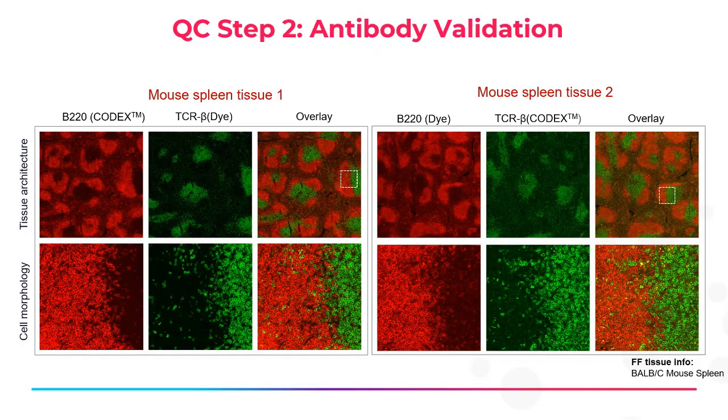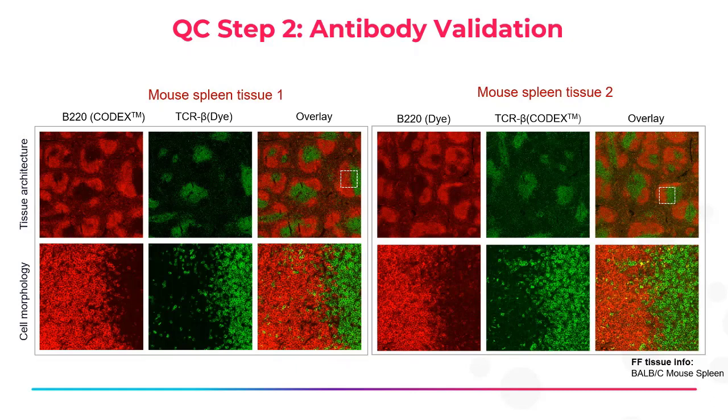The second step of QC is the validation of the conjugated antibodies. We want to ensure that the CODEX antibodies demonstrate equivalent staining patterns when compared to dye-conjugated antibodies. This slide shows the tissue architecture and the follicle region that you would expect to see stained with B220 and TCR beta. B220 is in red and TCR beta is in green.